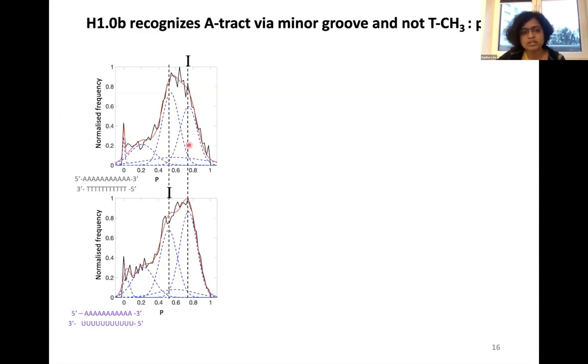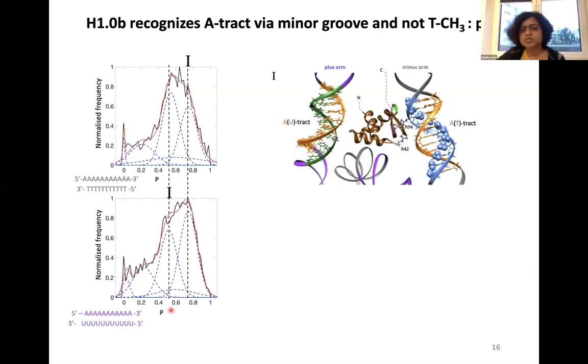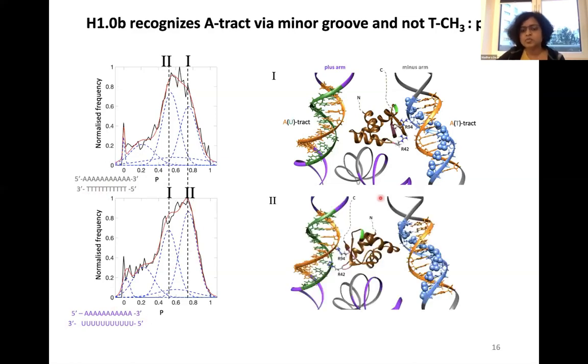Population 1, which shows higher FRET in the thymine tract and intermediate FRET in the uracil tract, would correspond to the globular domain oriented towards the thymine tract. And population 2, that shows intermediate FRET with the thymine tract and high FRET with the uracil tract, would mean that the globular domain is oriented towards the uracil tract.